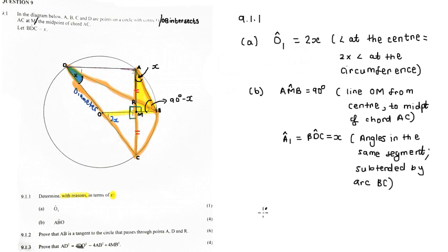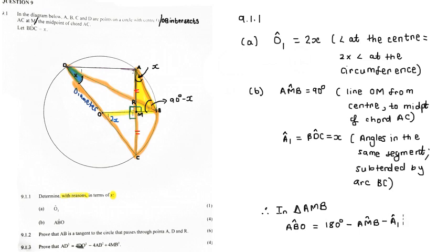Okay, so from there you can say, therefore, in triangle AMB, angle ABO is equal to 180 degrees minus angle AMB, and minus angle A1.